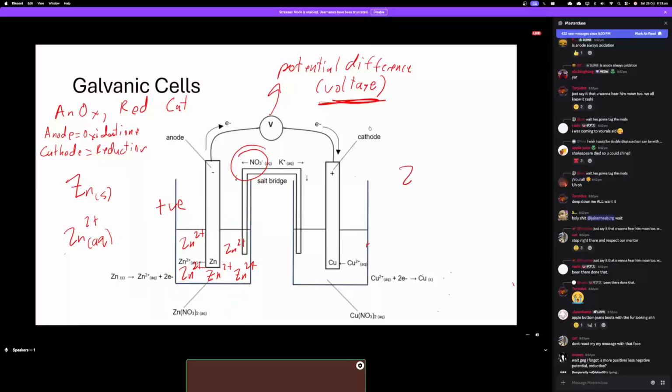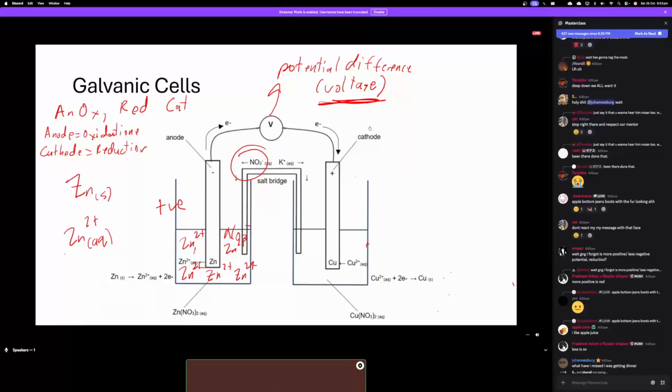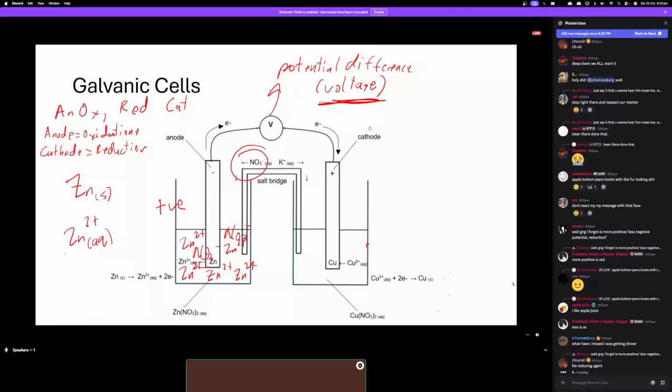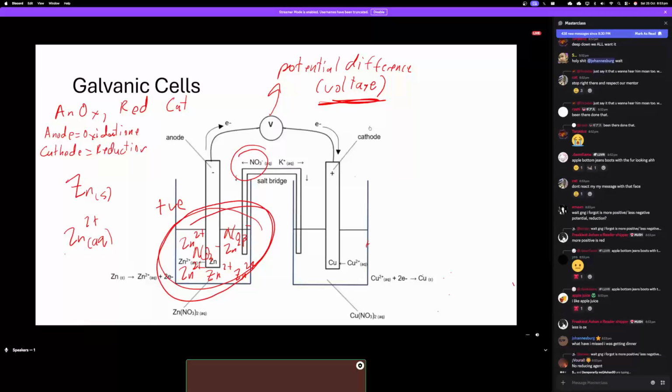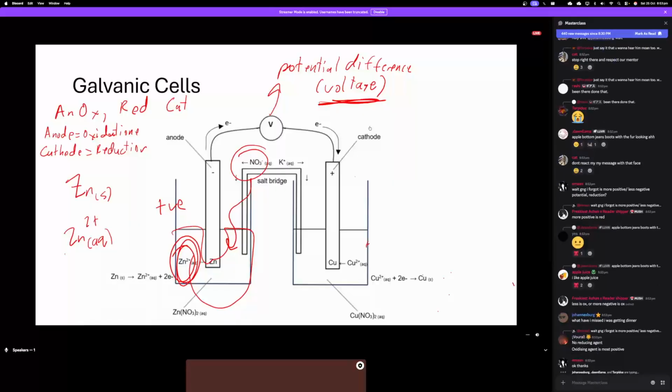There'll just be some negative ions here too, NO3-. It's a mess now, but you get the point. Now it'll be neutral in charge, right? We had a lot of positive charge building up, but some negative ions come in, and now this bit is neutral. Hopefully that makes sense.